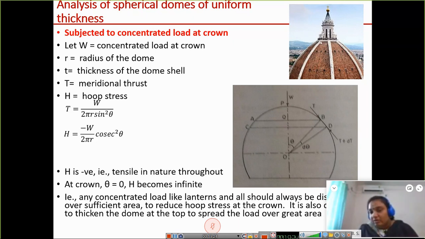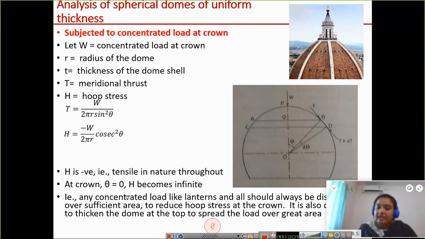So that is why you can see in this picture, it's not a concentrated load given at the top just like that. They have taken sufficient area for the distribution. Otherwise, it will lead to infinite stresses, which can lead to cracking and other effects.